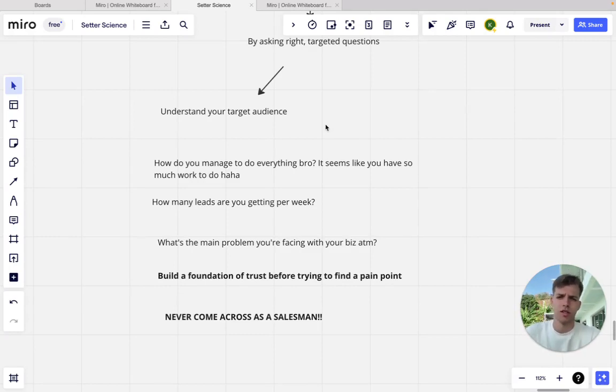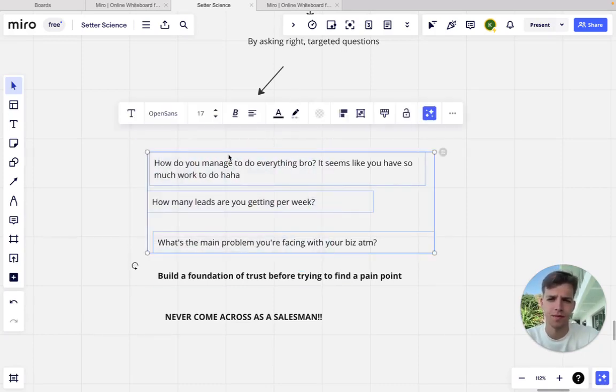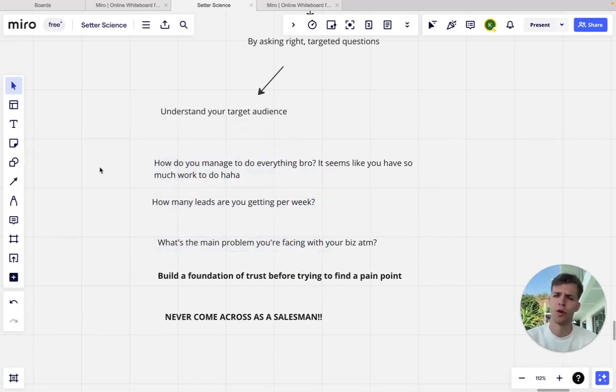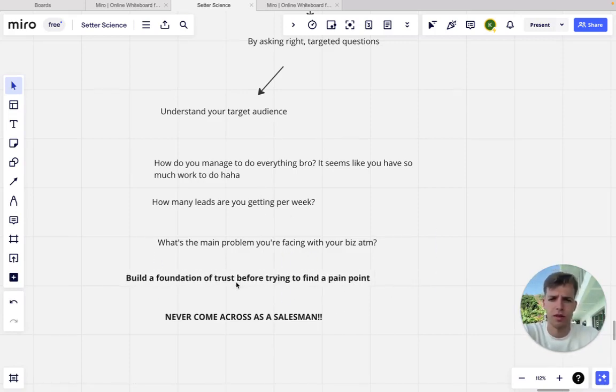So yeah, pretty much these are all questions, not private, but more personal than the others. And these are questions that you're not gonna feel comfortable answering just to anyone. So keep in mind to build that relationship with them before proceeding further, and only then, after you successfully build a foundation of trust, only then you can ask these targeted business related questions.